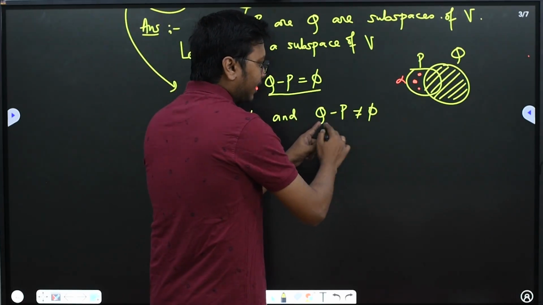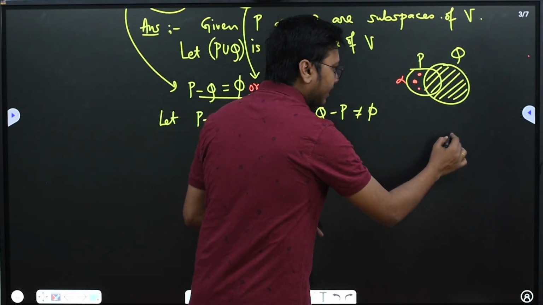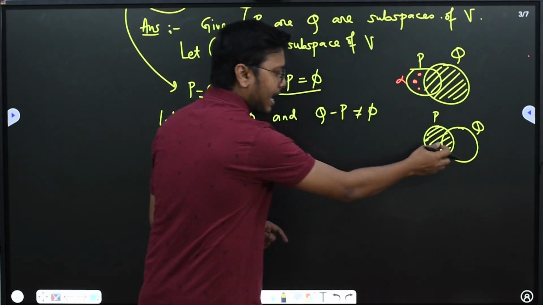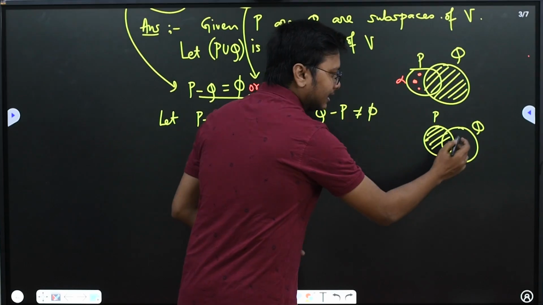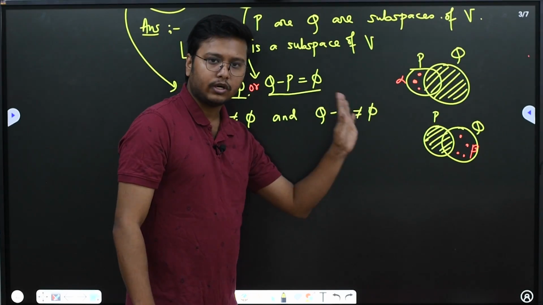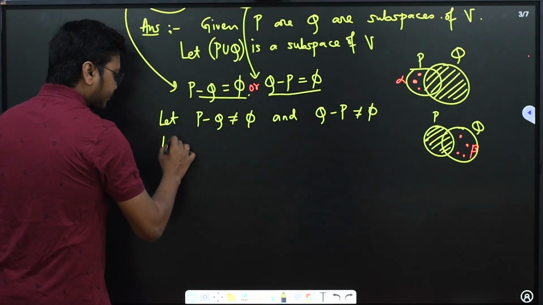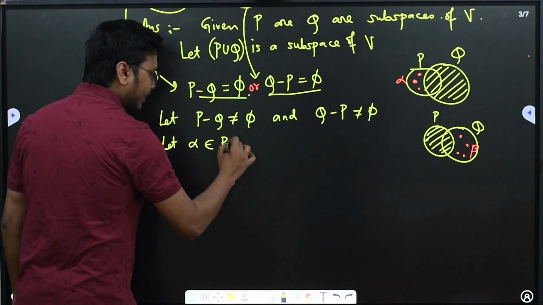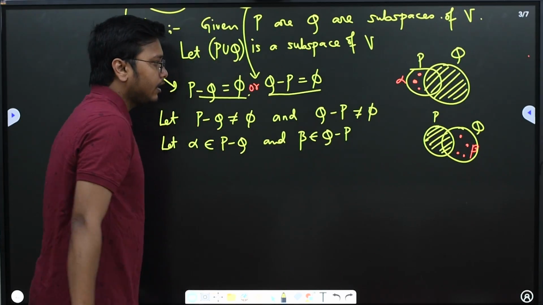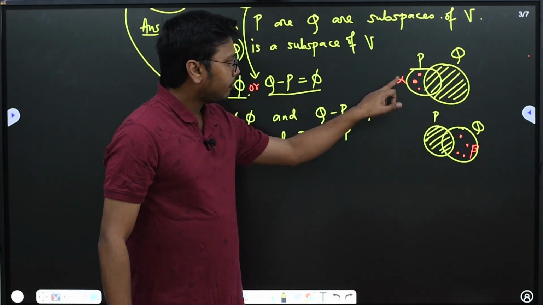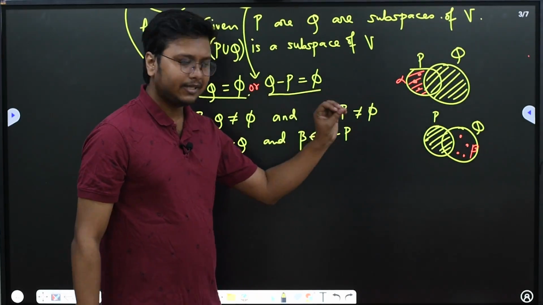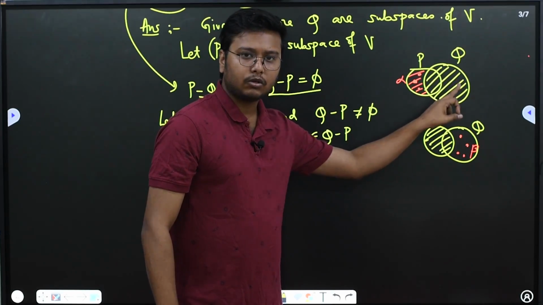And similarly in this part, when q minus p is not equal to phi, that means now if I drag out the P set from the Q set, some element, let's say beta, will be remaining in q minus p because that is not equal to phi. So let's say that alpha belongs to p minus q and beta belongs to q minus p. Now from the picture you can understand alpha belongs to p minus q, that means alpha belongs to this red region, which means alpha obviously does not belong to the Q set.